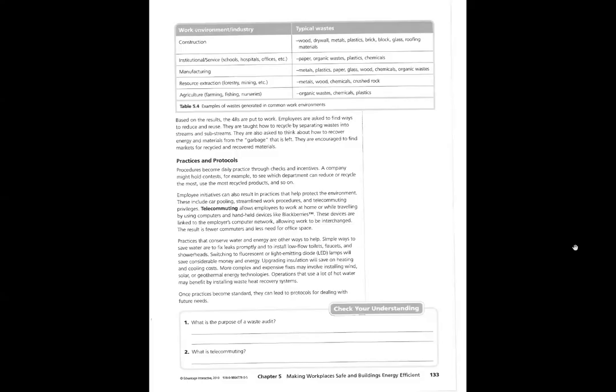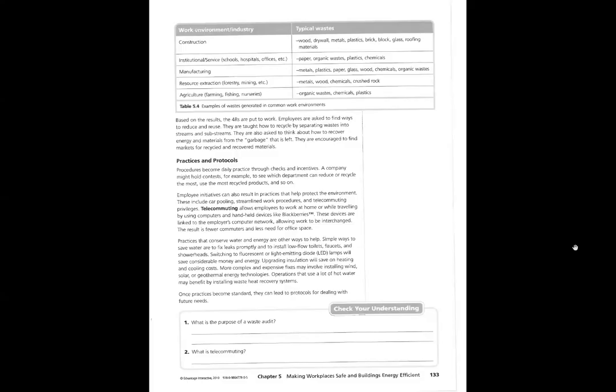You could also have somebody keep track of how much each person is recycling and reusing. This is always nice: have somebody in communication send out updates on who's doing what in the organization, so everybody knows that these are the things that are being done.